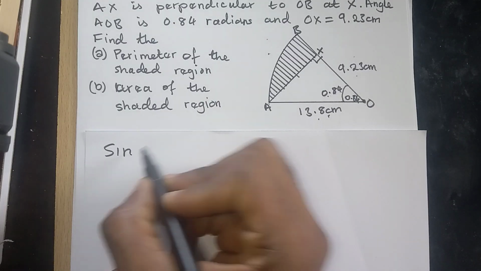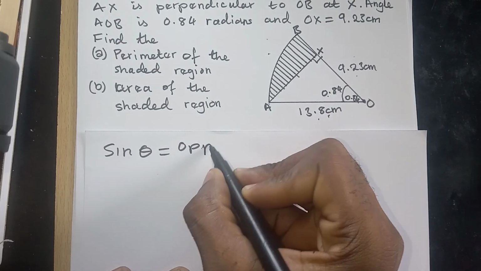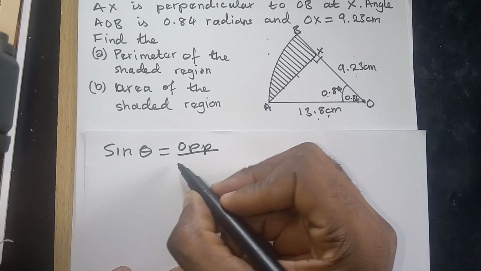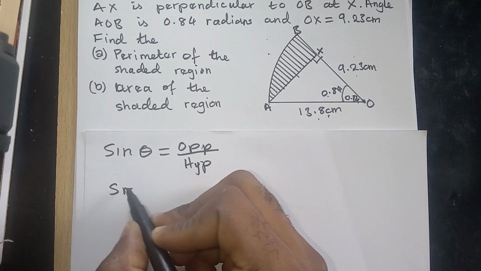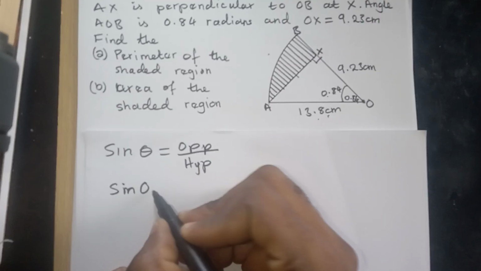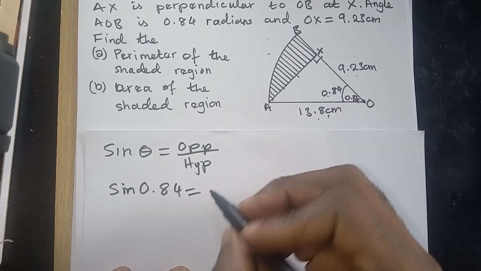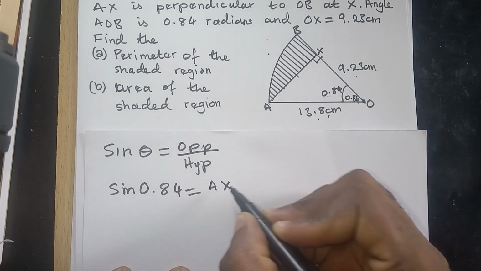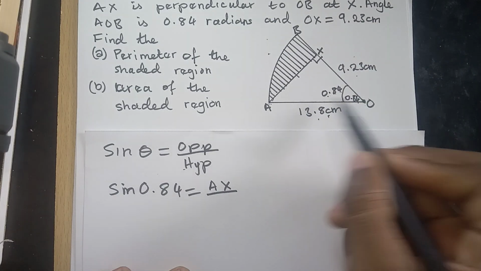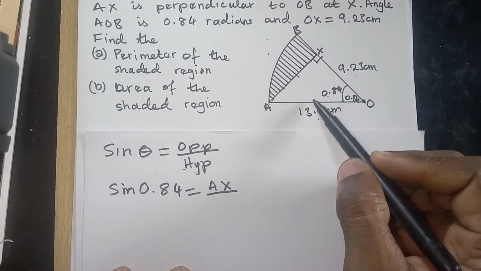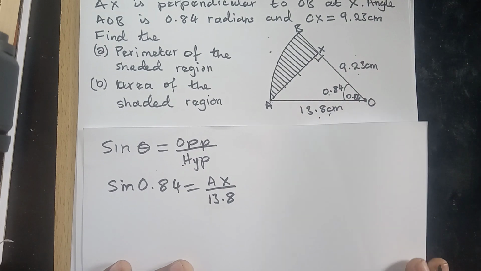So I'll use sine theta, which is equal to opposite over the hypotenuse. So in this case, sine 0.84 is equal to the opposite, which is AX, over the hypotenuse, which is the longest side, the side opposite to the right angle. So this will be 13.8 centimeters.